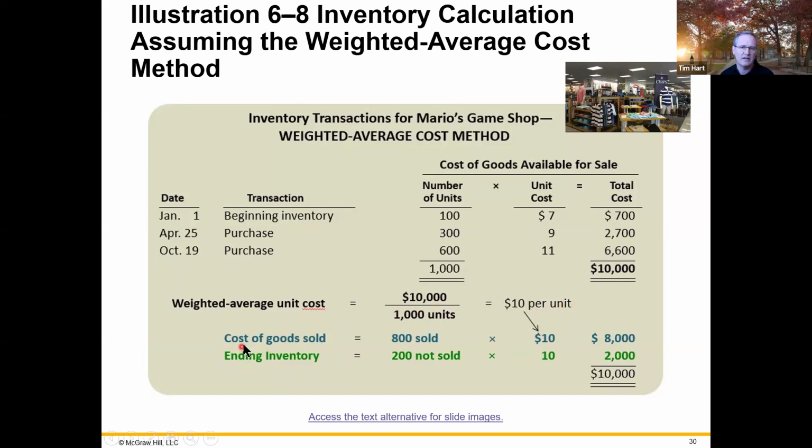So we sold 800 units. So the cost of goods sold is 800 units sold times $10, or $8,000. Ending inventory, 200 not sold, that same $10 price, for $2,000 ending inventory, resulting in that same $10,000.